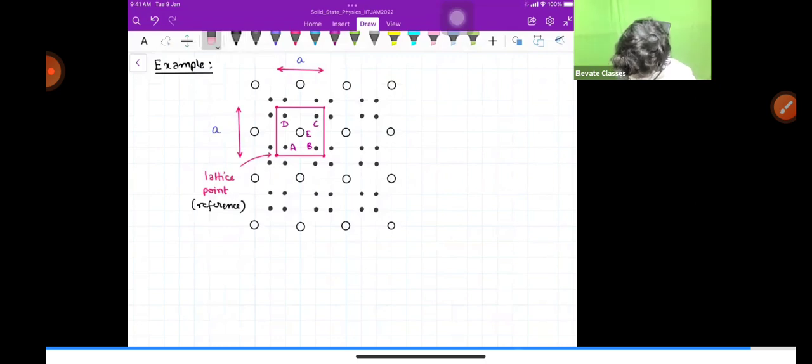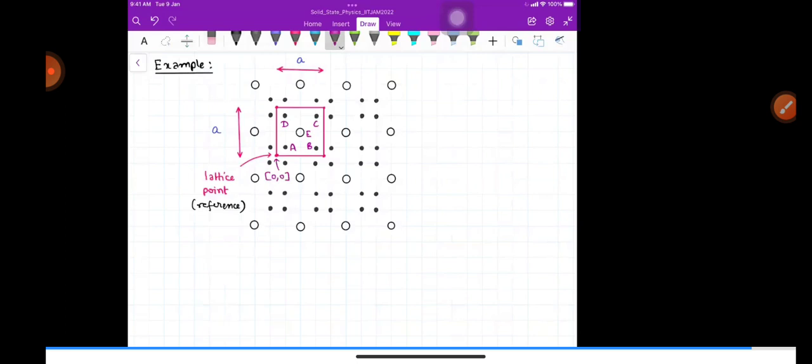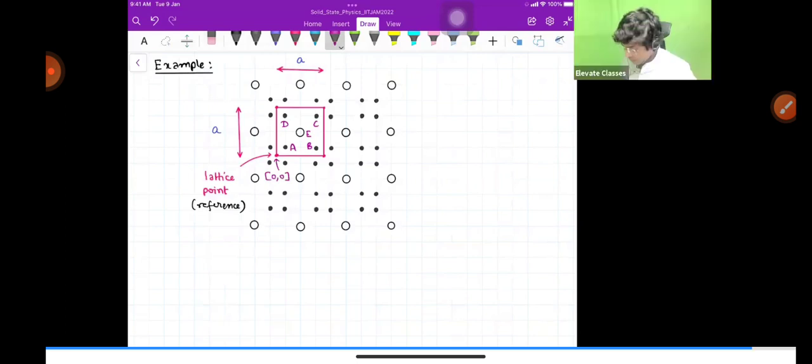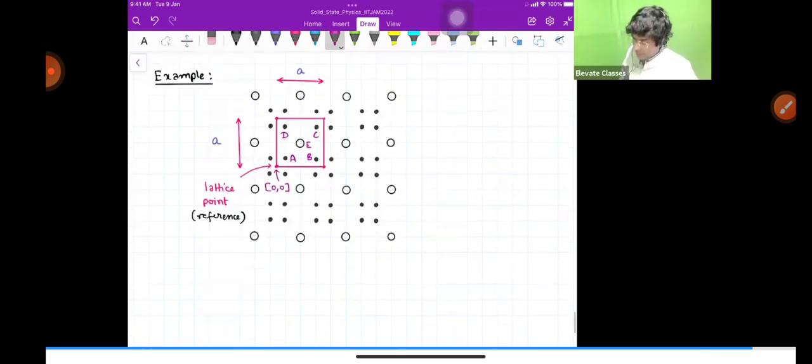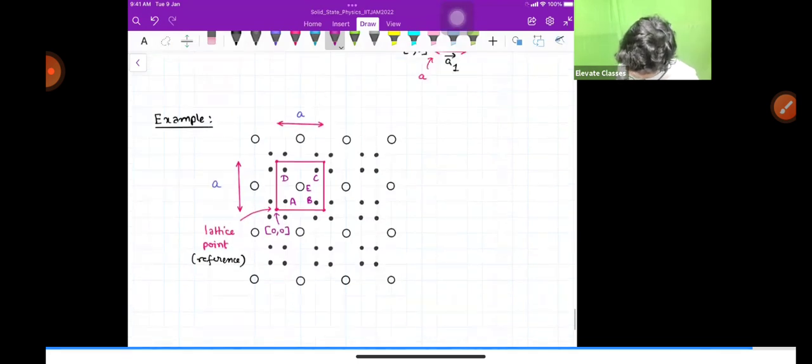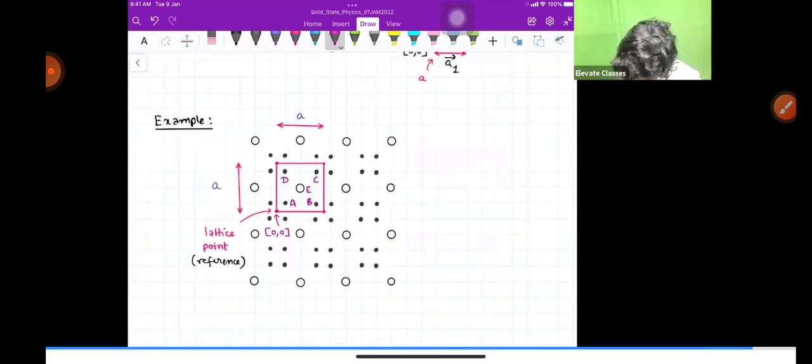value as? The coordinates as this one, 0, 0. So there are no atoms on the lattice point, right? Yeah, in this case, the atoms need not be placed on the lattice point.